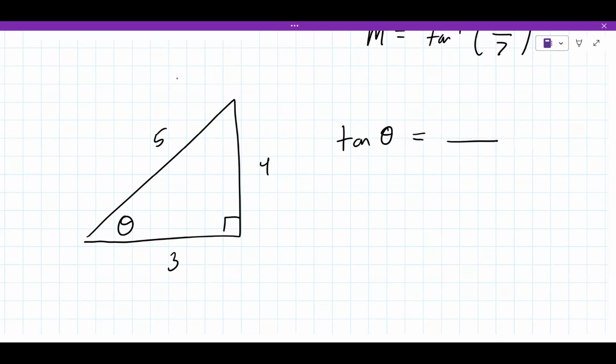It'd be 4/3. 4/3. Now you can use the calculator here to find the tan inverse of 4/3.